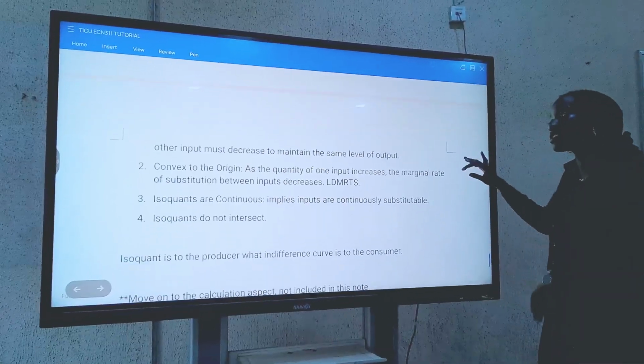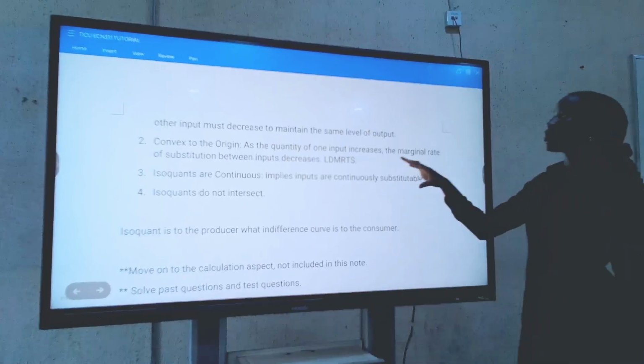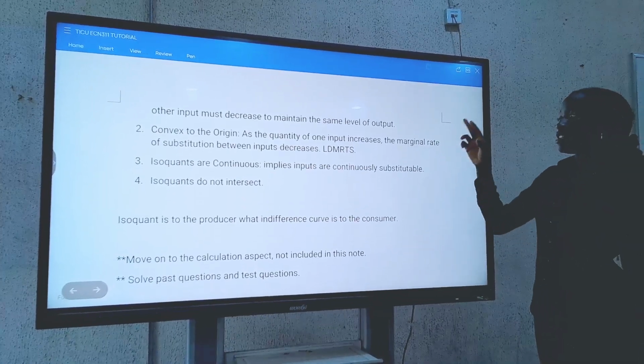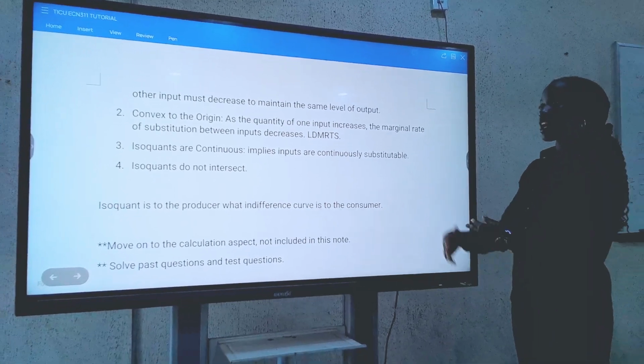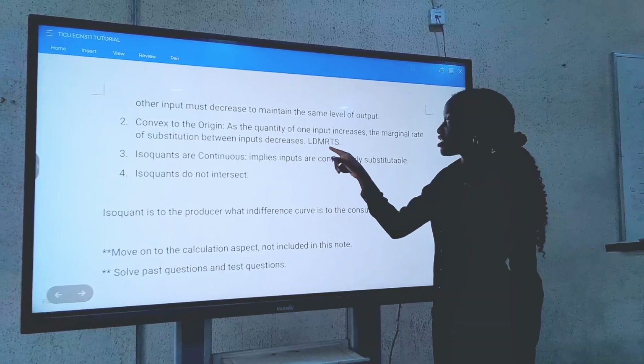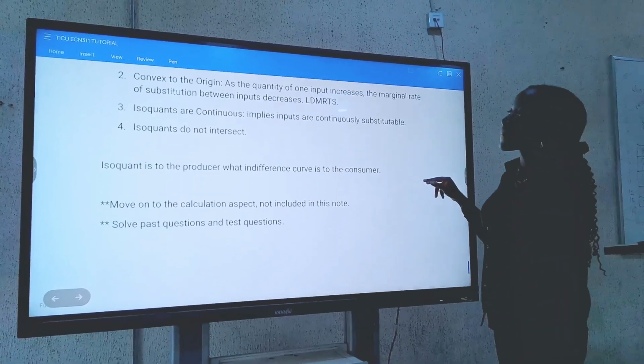Then it is convex to the origin, also for the same reason, because as the quantity of one input increases, the quantity of the second input decreases, and that's the law of diminishing marginal rate of technical substitution that I explained.